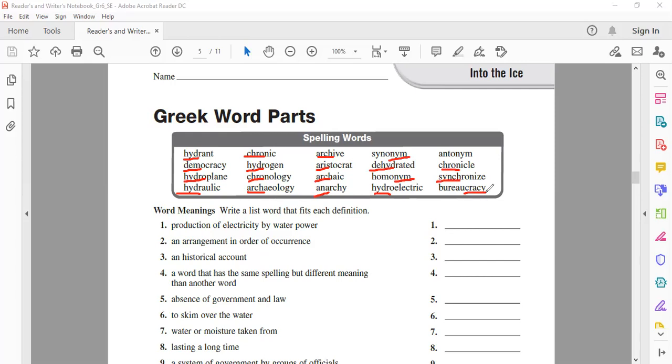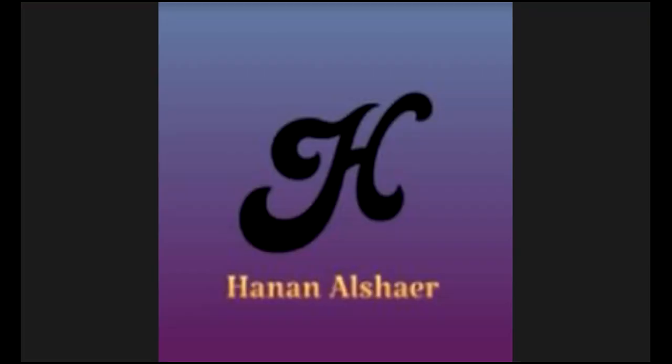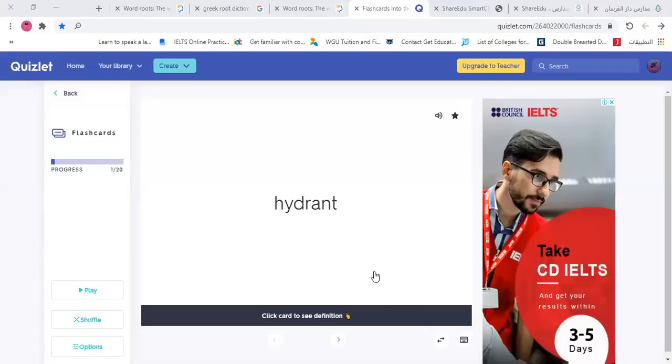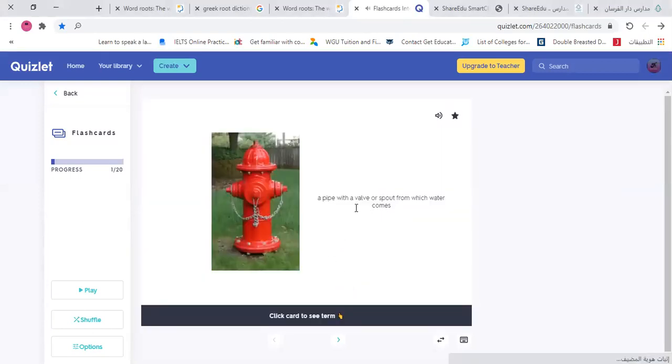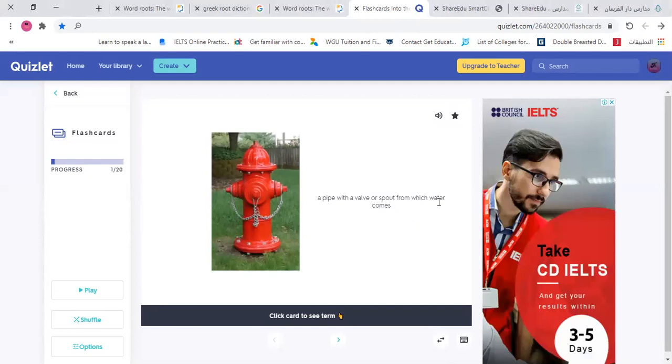Okay, all of these words have Greek roots. But let's learn the meaning of each one, so we will know the meaning of the root. The first one is hydrant. Hydrant means a pipe with a valve or spout from which water comes. This is the hydrant that I was talking about.